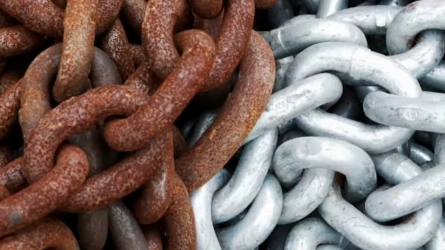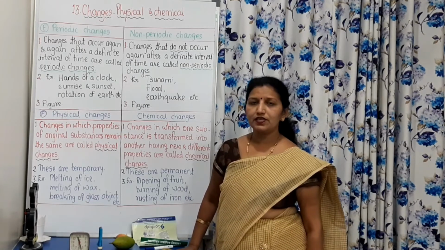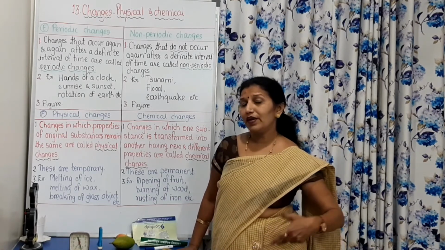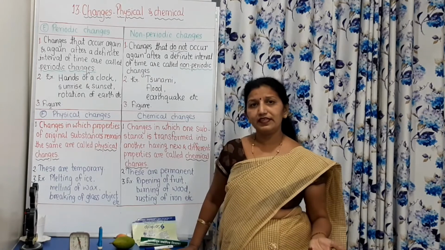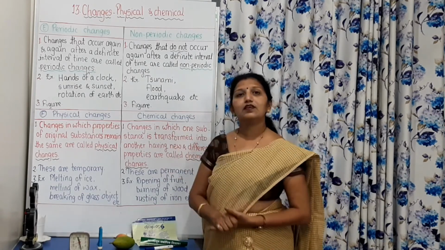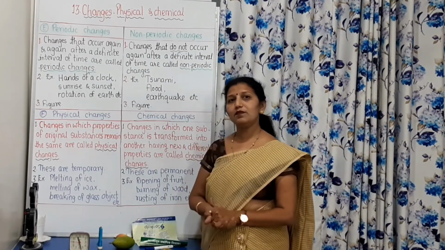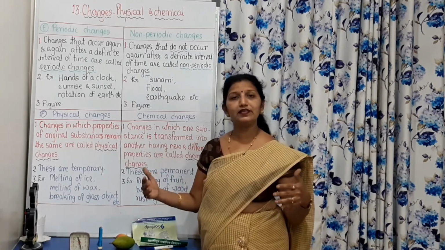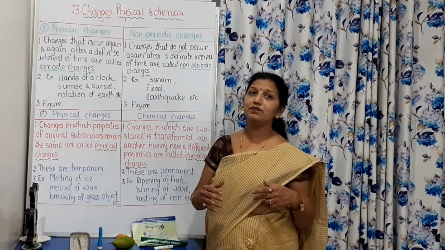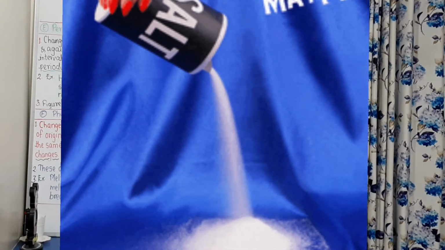Also rusting of iron is an example of chemical change. There are so many examples. When we make different things, due to chemical combination there is the formation of a new thing. For example, if sodium and chlorine combine together, there is a chemical reaction and there is formation of sodium chloride, and that is nothing but our common salt.